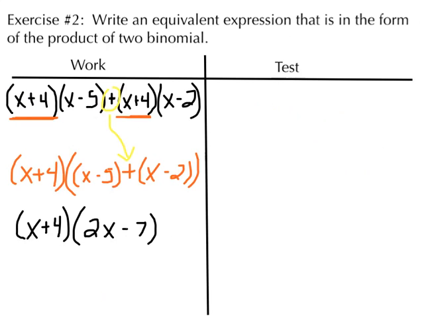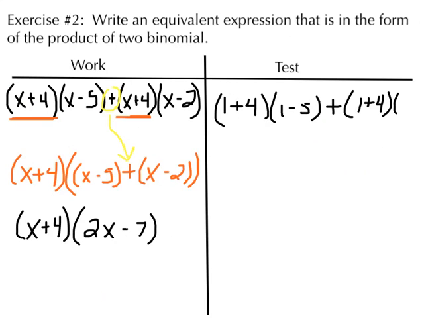Now let's go ahead and test that. All right, let's pick the number. Let's pick a number 1, and I'm going to go ahead and put number 1 into the original expression. So I'm going to have 1 plus 4 times 1 minus 5, parenthesis, plus 1 plus 4, 1 minus 2.